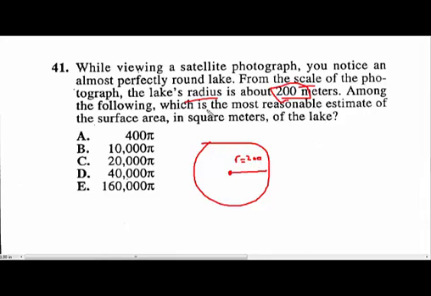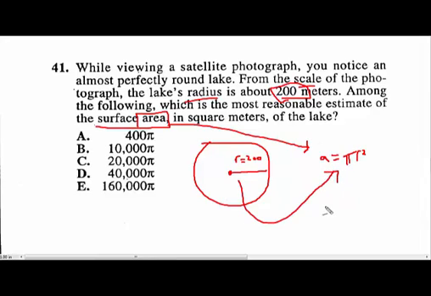Continue on. Among the following, which of the most reasonable estimates of the surface area in square meters of the lake. Right away when I see area, I write my formula down. Area equals pi r squared. Now I take this information here and simply plug it into the formula.